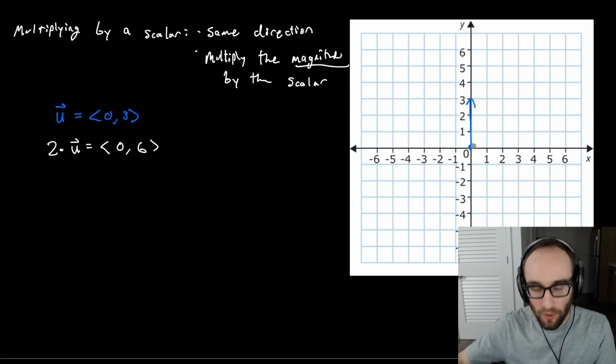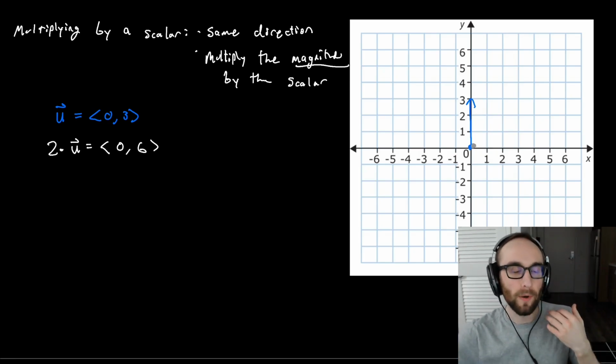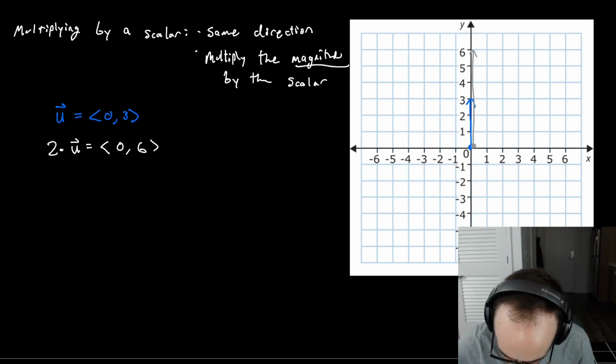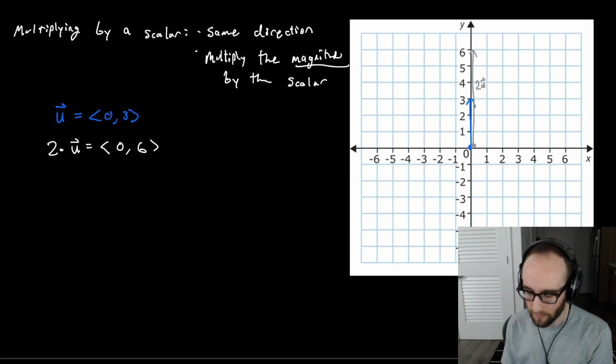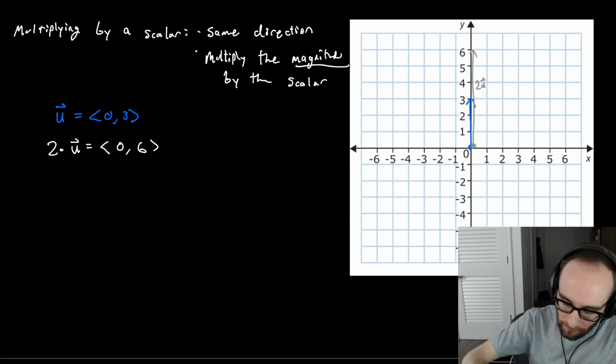We're going the same direction, directly up, except instead of going up by 3, we're going up by 3 times 2, which is 6. So 2u is just going to be (0, 6). Same direction, but in this case, twice the magnitude.